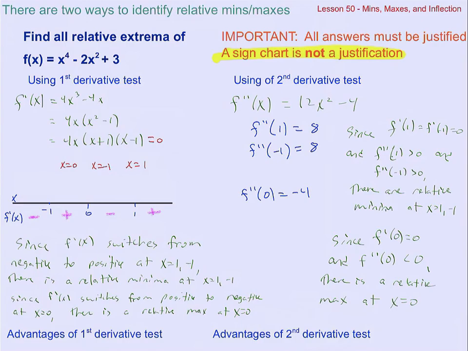If it asks for the relative minimum or relative maximum, without using the word value, it's probably asking for both the x value and the y value. So in order to find the y value, we would just have to find what is f of 0, f of 1, which is 1 minus 2 plus 3, and f of negative 1, which is also 1 minus 2 plus 3. So now we would have the relative mins and maxes.